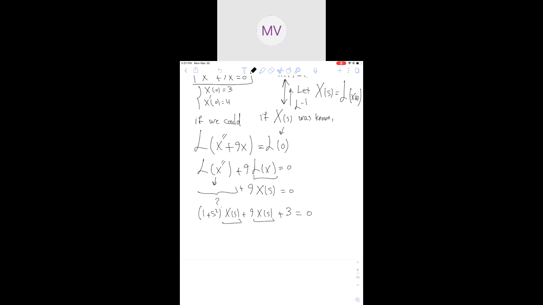So we solve for X of s. That's a function of s. We do the inverse, and we get x of t. So what we don't know is how do we find the Laplace of derivatives of a function?